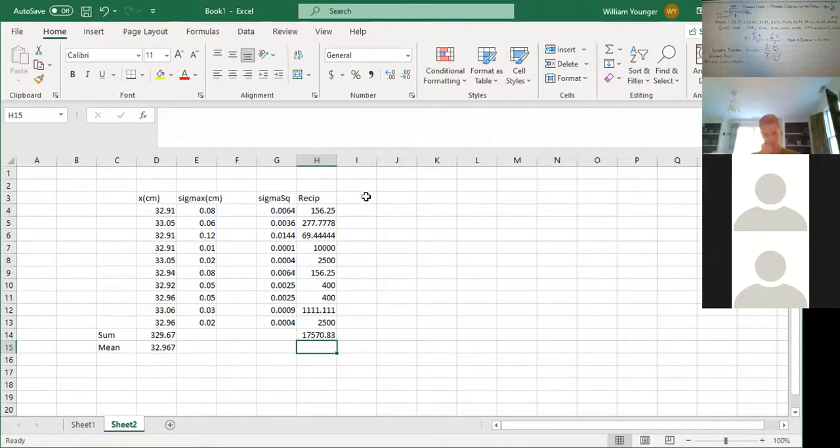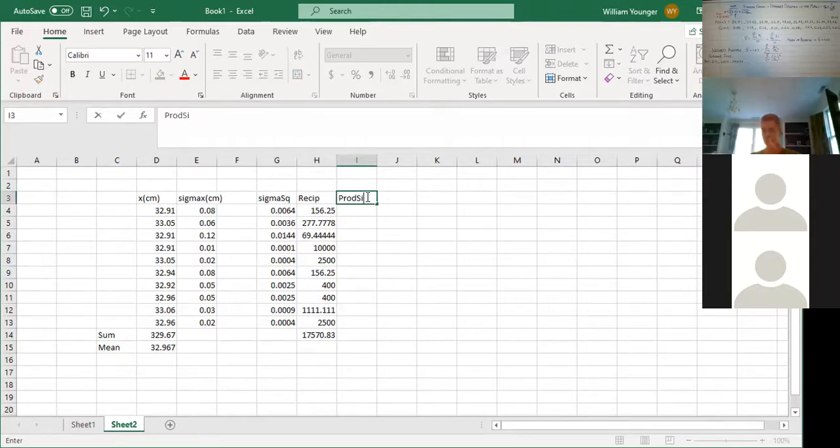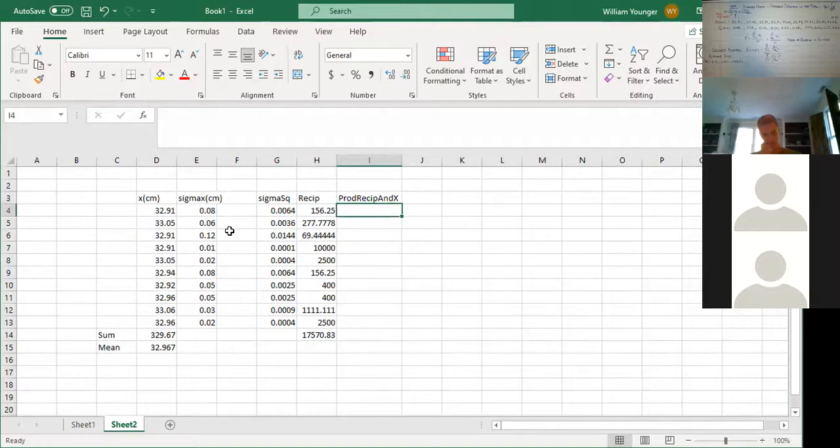So now what I want to do is take the product of recip and x. I'll make that big enough so y'all can read it. Remember the formula was the summation of x sub i over sigma x sub i squared.